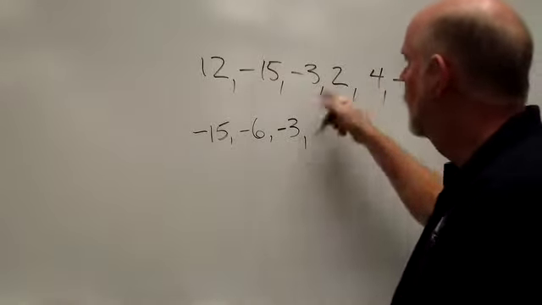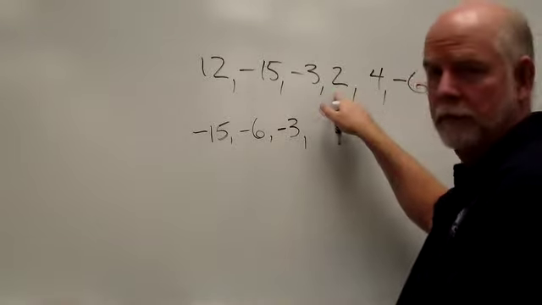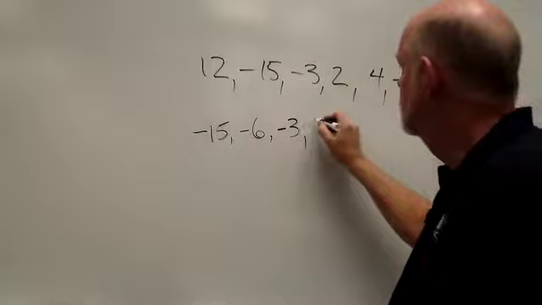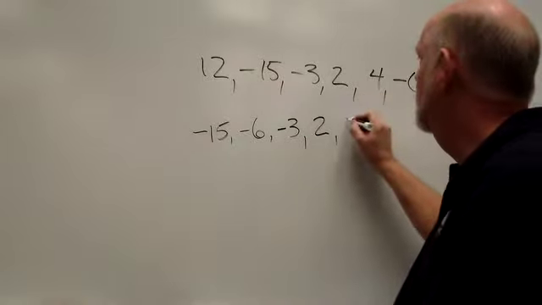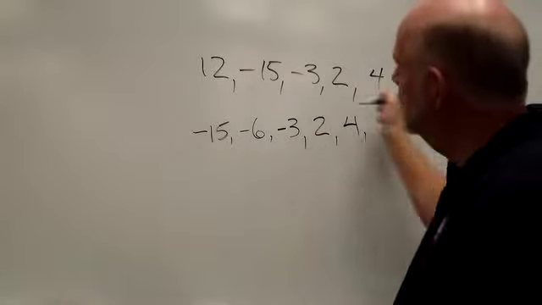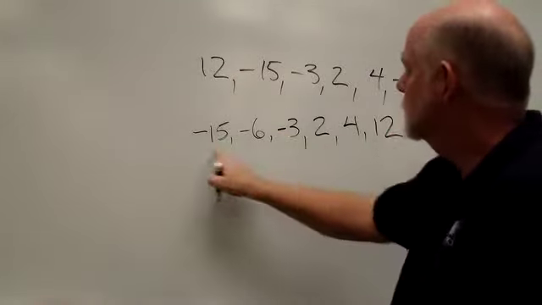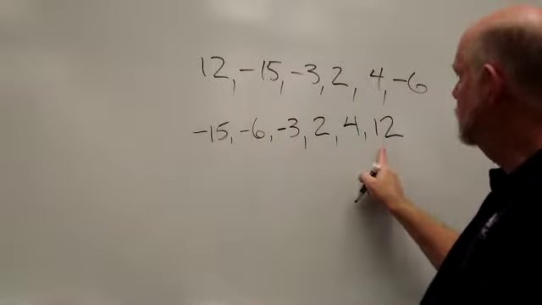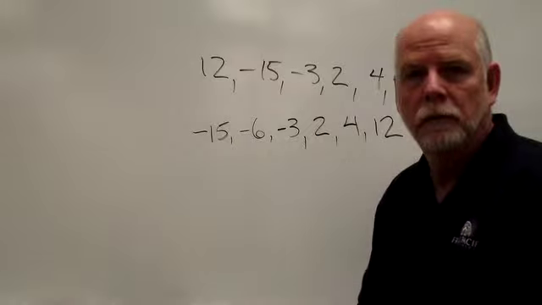Okay? Or is warmer if you want to put it that way. Our smallest positive number here is 2. Next smallest positive number, or the next bigger number, is 4. And the largest number in this entire list is 12. So this is the smallest number, this is the largest number, and we have put them in order as they would go on a number line.